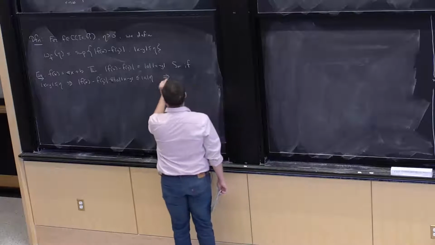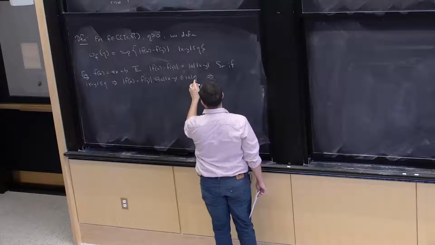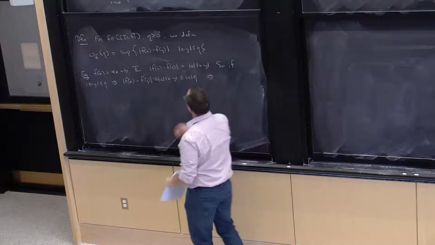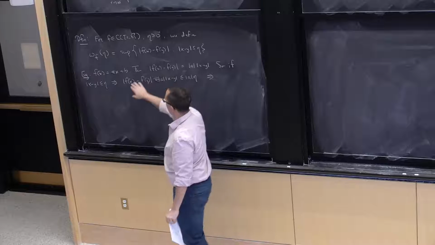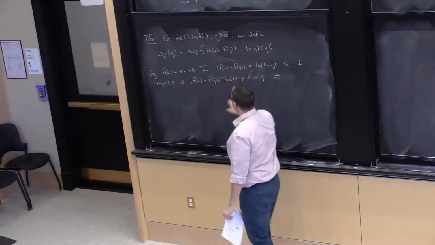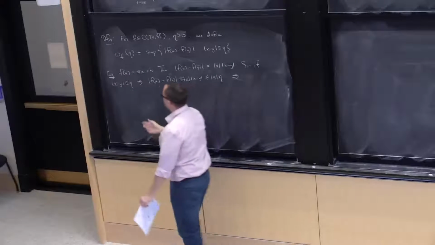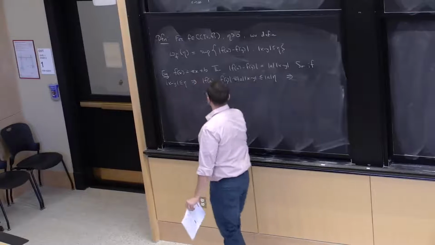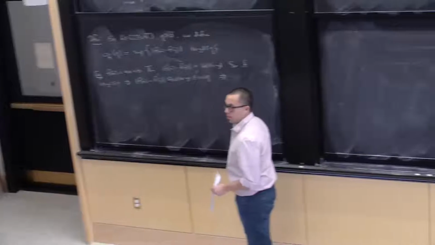And therefore, the absolute value of a times eta is an upper bound for this set, and it's also achieved, right? If I take the absolute value of x minus y equal to eta, then this will be equality, all right?